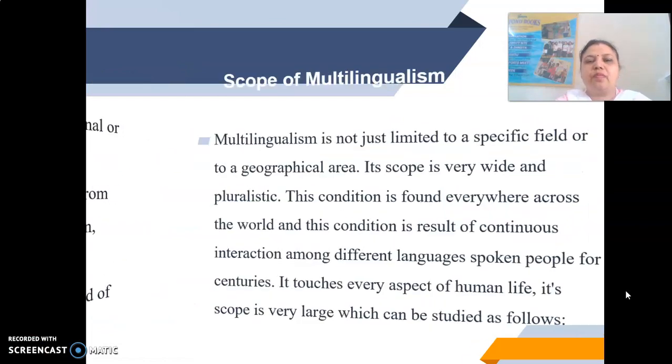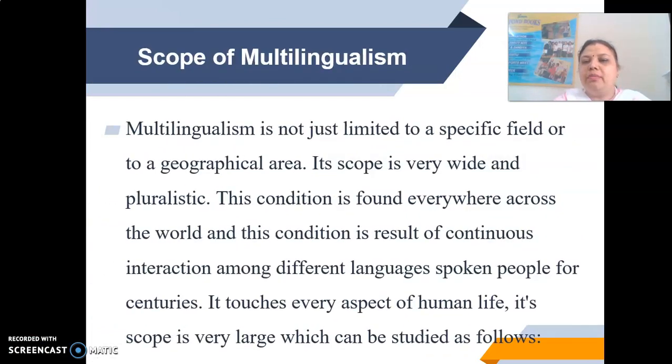Now, the scope of multilingualism. Multilingualism is not just limited to a specific field or to a geographical area. Its scope is very wide and pluralistic.